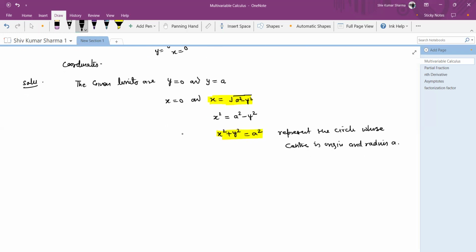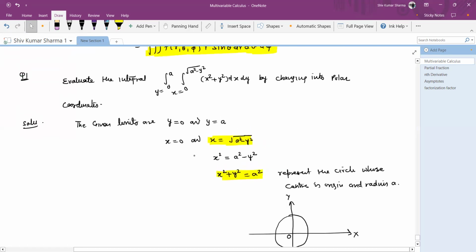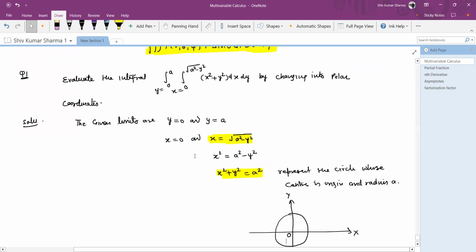Now, as per the limits, we trace a circle. This is our x-axis, this is our y-axis, and here is the origin. We are talking about only the first quadrant, because the lower limits are given from 0 to a or 0 to root a square minus y square.